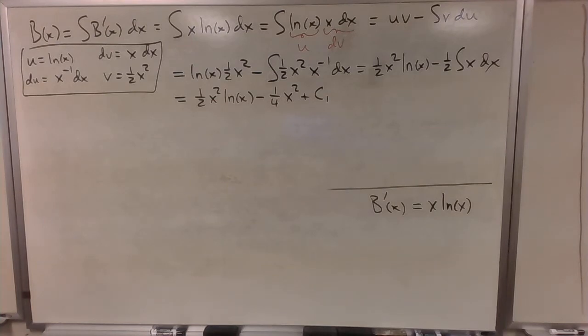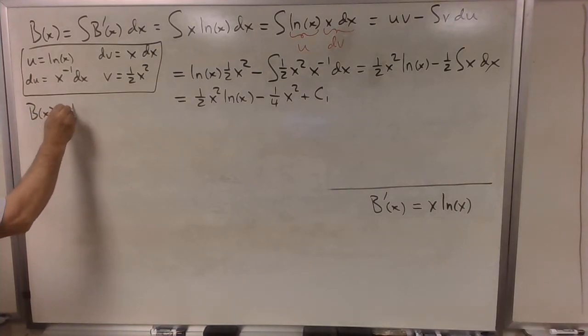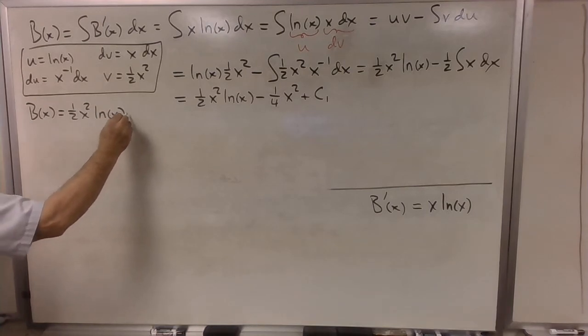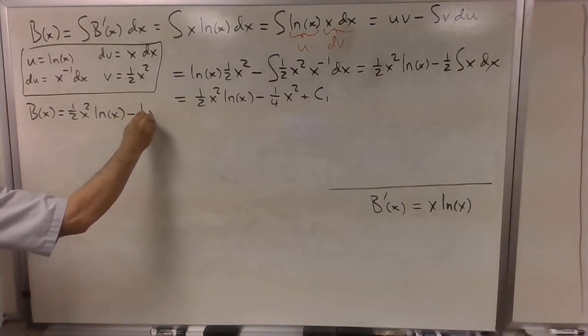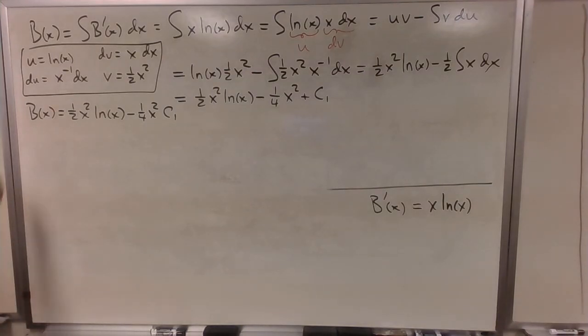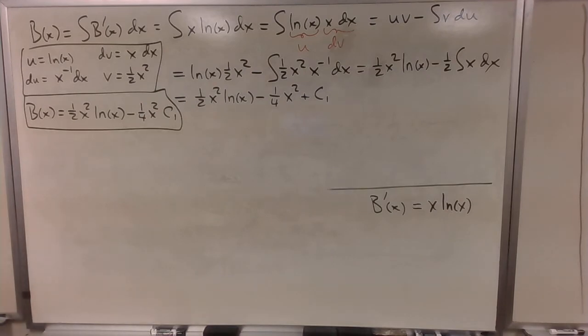So there's b. b of x is 1/2 x squared natural log of x minus 1/4 x squared plus c1. I hope. Oh, I really hope that's what it is.